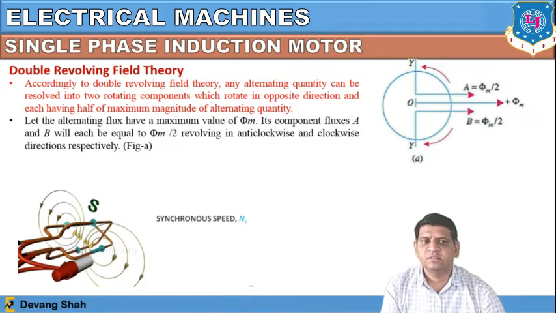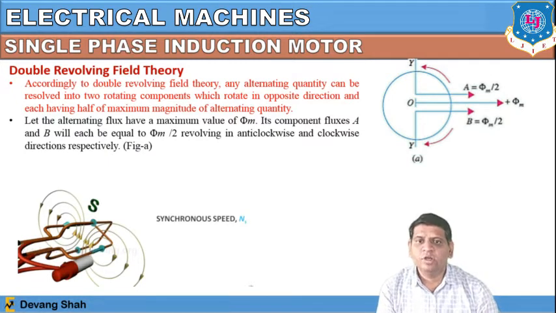You can see in this figure one of the vectors is moving in an anti-clockwise direction having a flux of phi m divided by 2, and another vector is moving in a clockwise direction having a flux value of phi m divided by 2. Since these two vectors are moving in opposite directions with the same magnitude, once they reach the y-axis, the resultant flux becomes 0. So this is how it follows the alternating way.